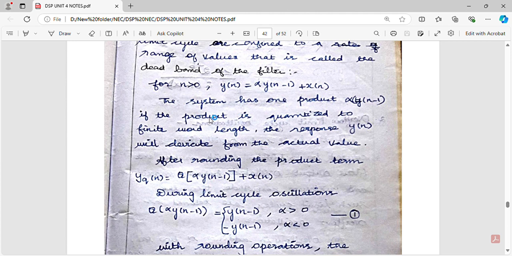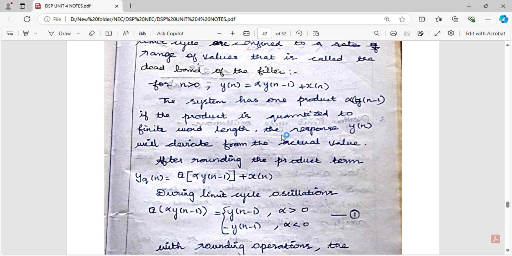Due to the quantization in the product term, an error occurs. So alpha into y of n minus 1 is represented as the product term.